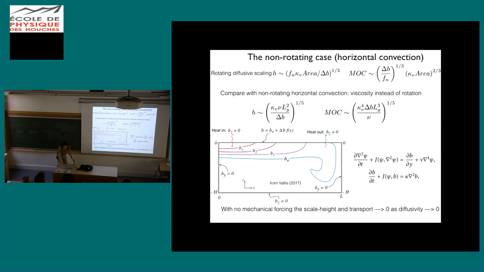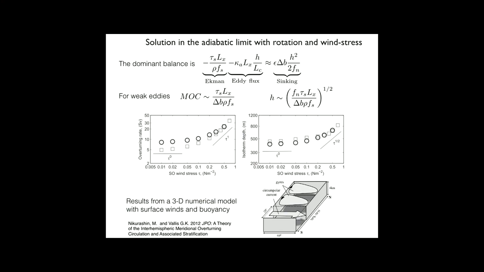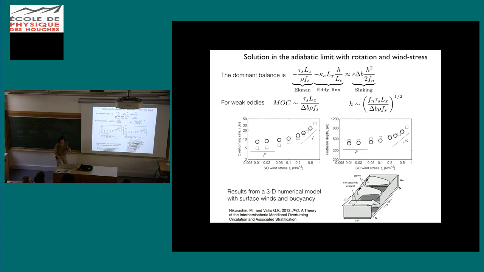Okay. And that's because essentially you take out the mechanical forcing that is given in the channel region. So the opposite limit is the adiabatic limit, where the sinking is balanced by the wind stress in the Southern Ocean and damped by the restratification by the eddies.